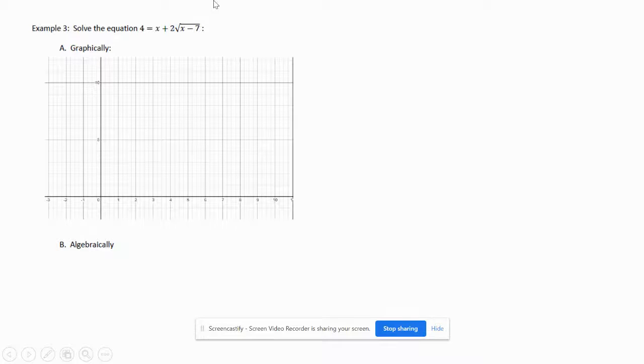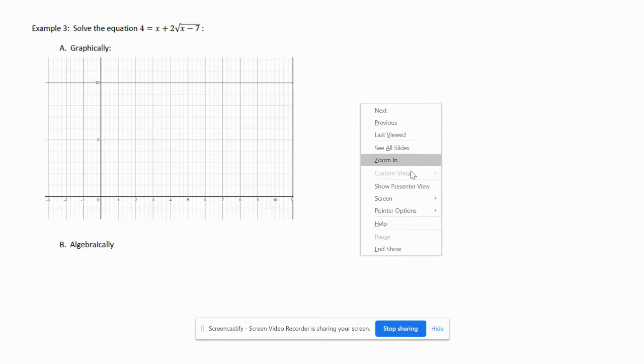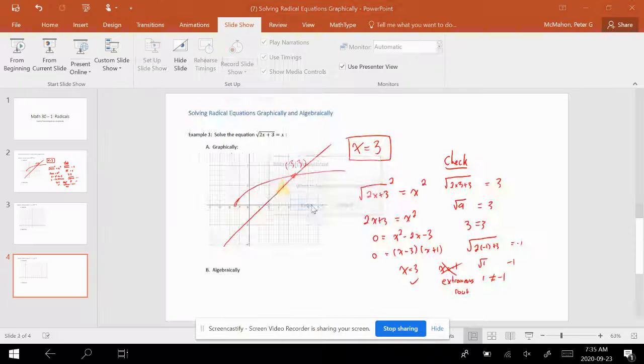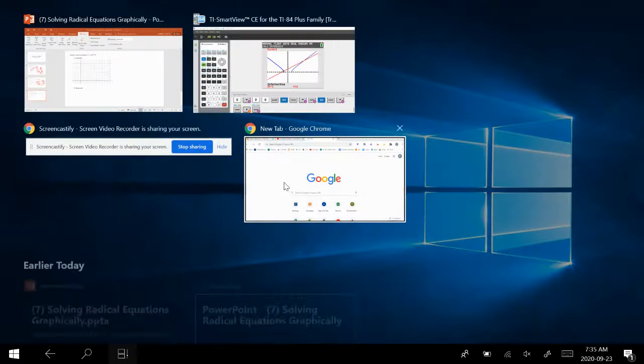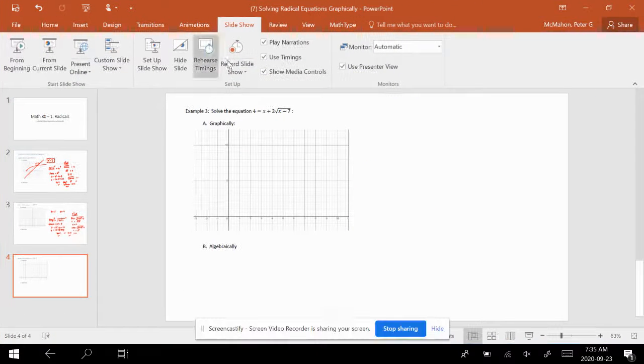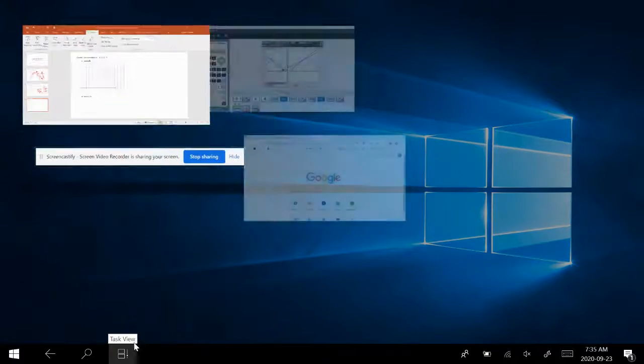All right, just moving along, same idea over here. We have 4 equals x plus 2 times the square root of x minus 7. So we are going to use our calculator for this guy over here. Right, x plus 2 root x minus 7.